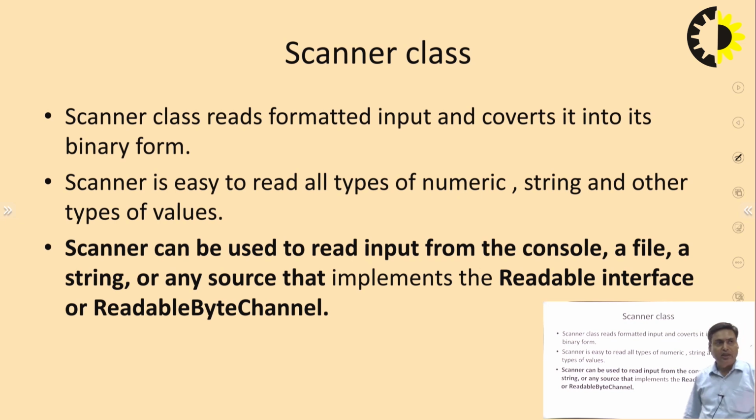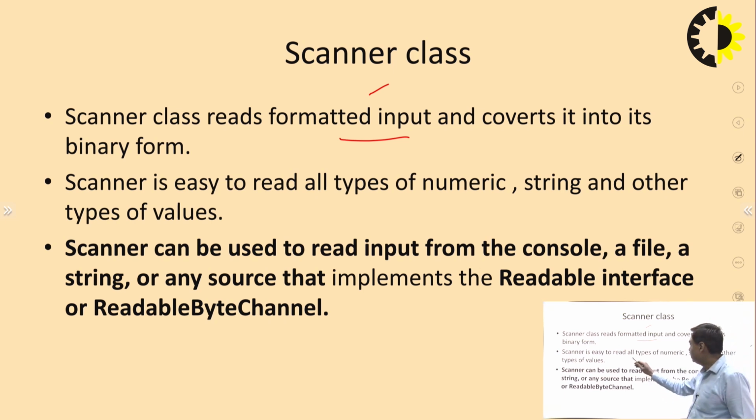Now, one more class is the Scanner class. It is a very flexible class, and basically this class is used for formatted input and output, and it converts any formatted input into binary form. Basically, it is used for the input purpose. Scanner class is for the formatted input.